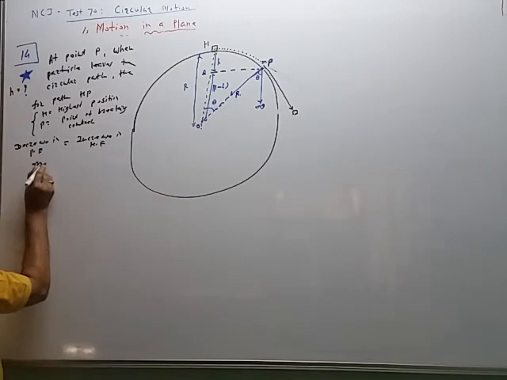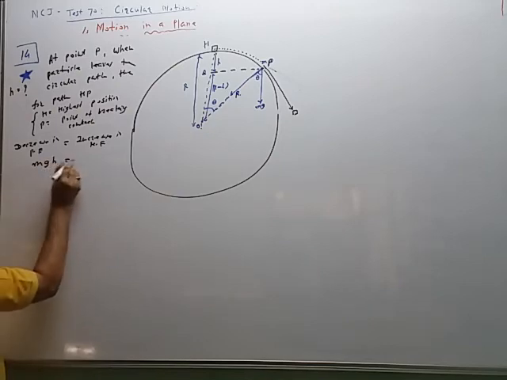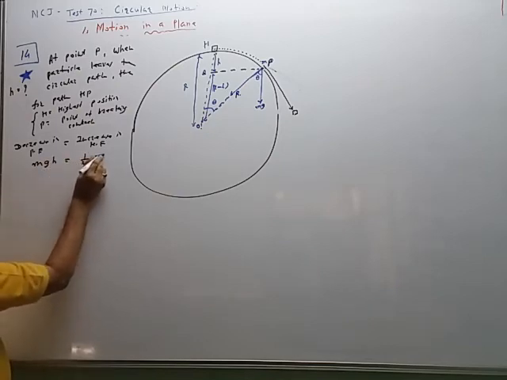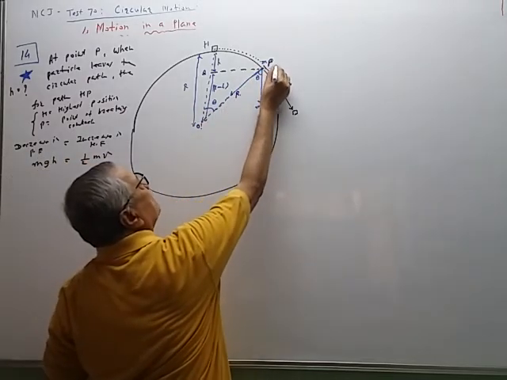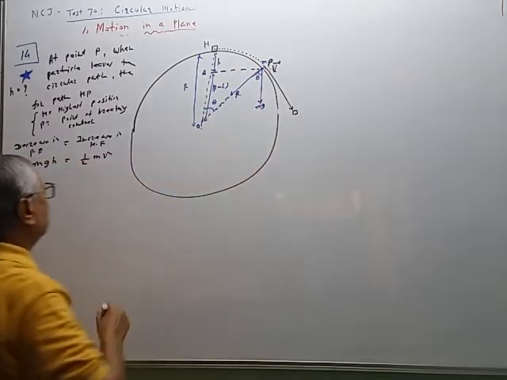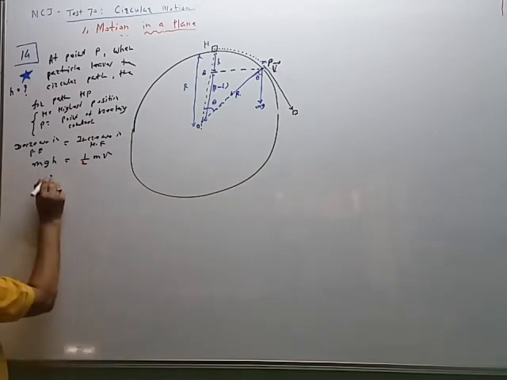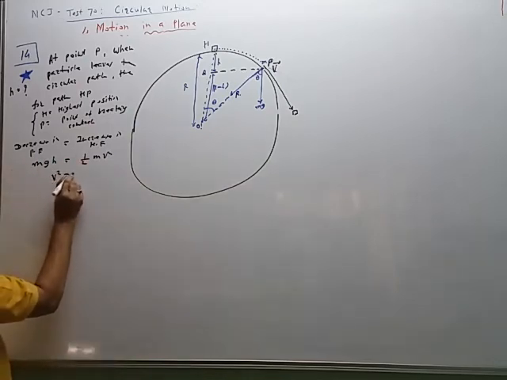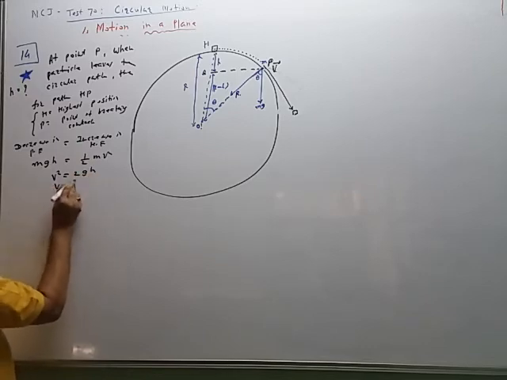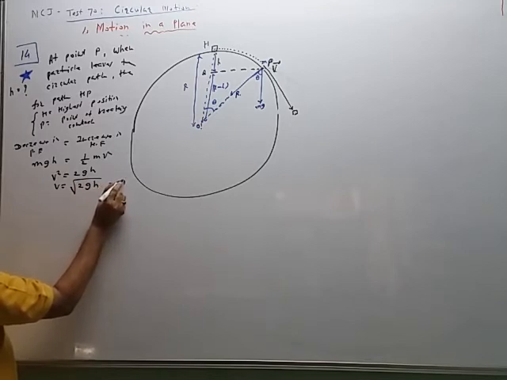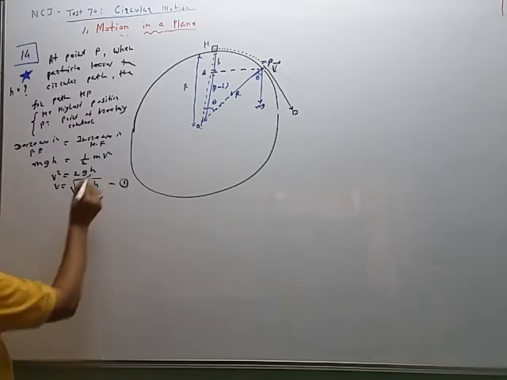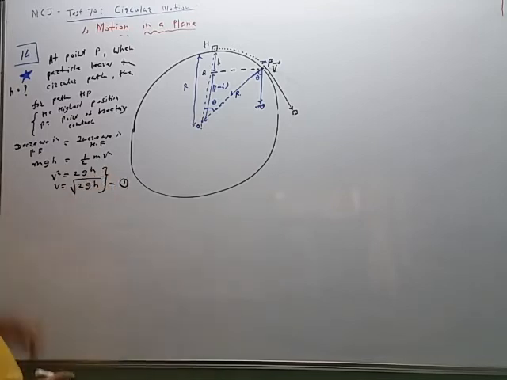So mgh, the decrease in potential energy, is equal to 1/2 mv square, where v is the tangential velocity at this point. So m will cancel, and therefore v square is equal to 2gh, v is equal to under root 2gh. This is equation 1.